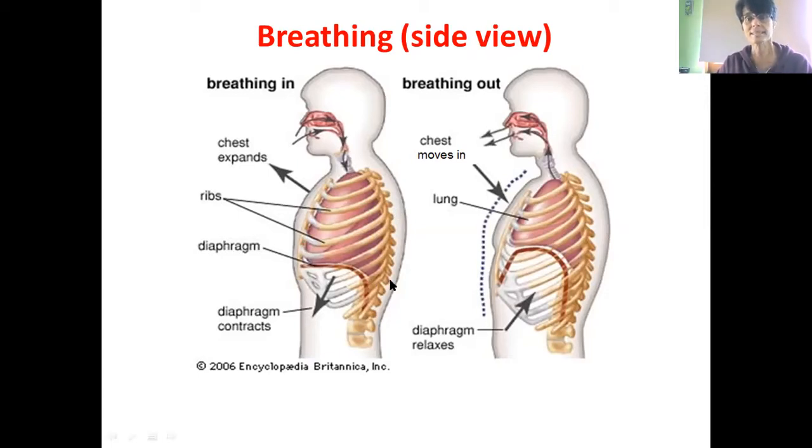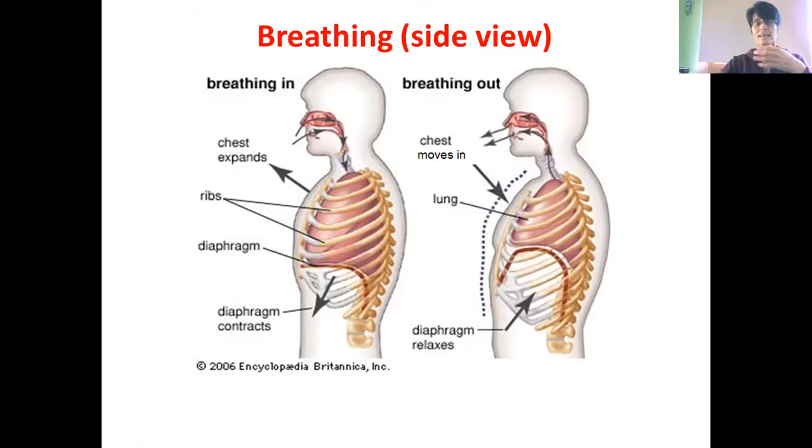But when you exhale, in the right-hand diagram here, that diaphragm was tight, it was contracted, so now it relaxes and it becomes dome-shaped, which you can see over here. And you can see that the rib muscles relax. They were contracting and pulling the rib cage up.